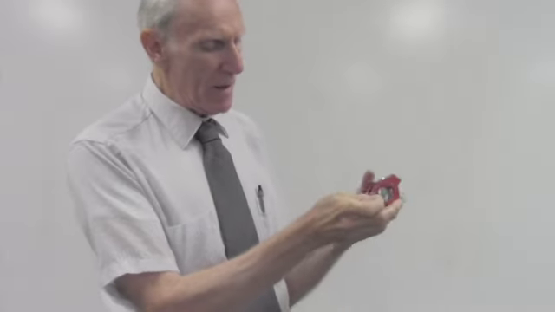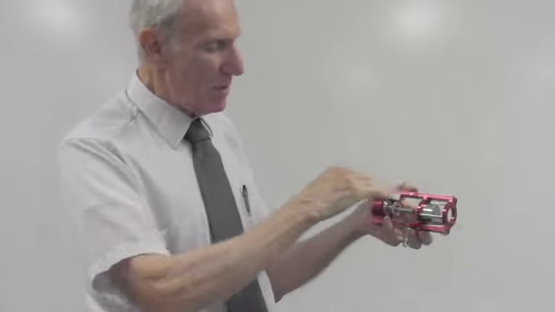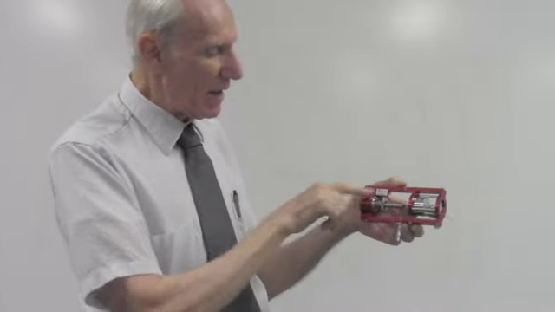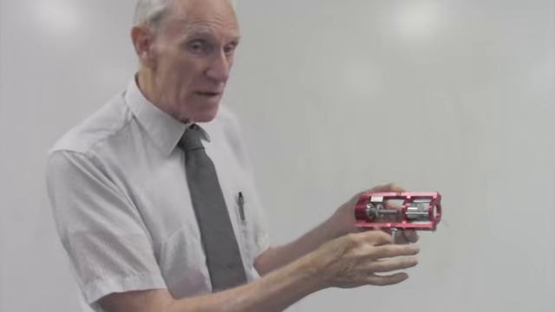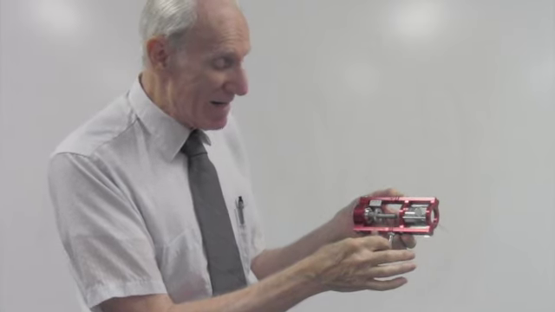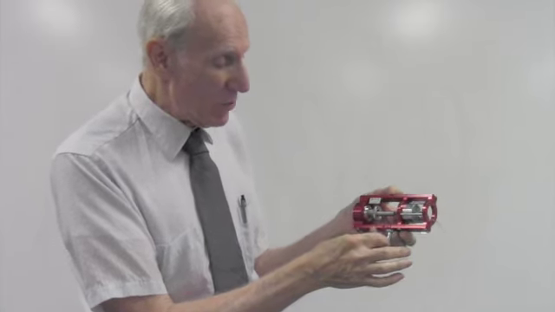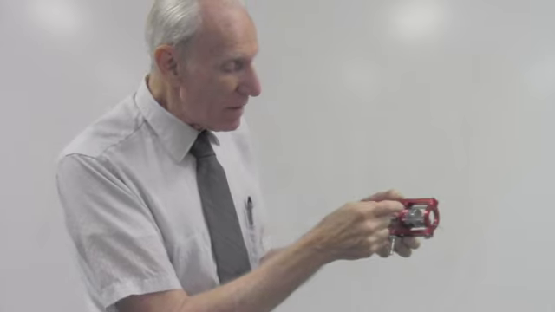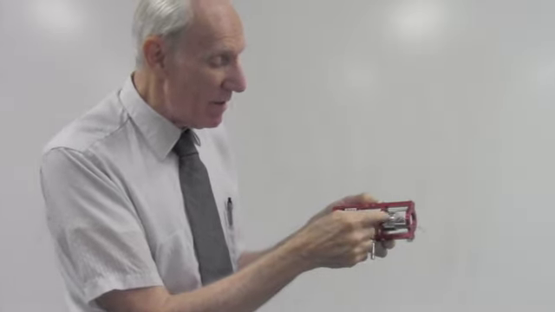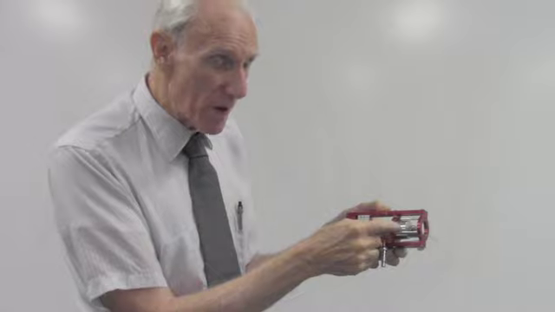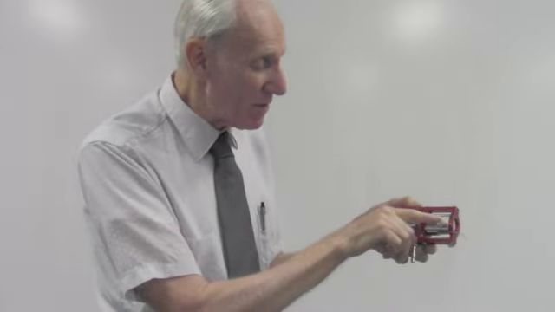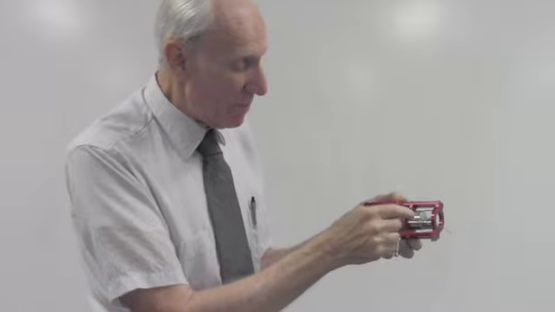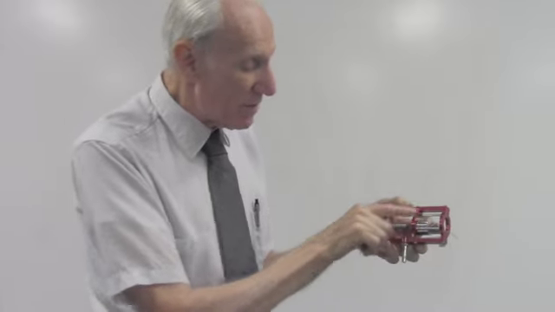So the center of mass in this, since we're looking horizontally, the center of mass in this direction is the distance from the center of the axis of rotation to the middle of this mass. And there's a scribe mark right in the middle of the mass, indicating the center of mass of this little cylinder in this direction.